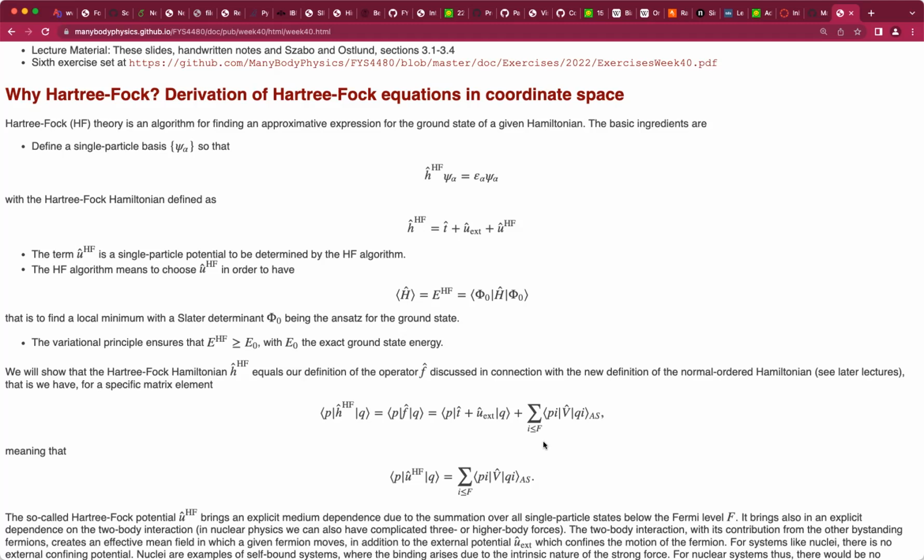And yesterday, we could actually rewrite parts of that interaction in terms of the direct term, and then we had this exchange term, or what we normally call the Hartree term and the Fock term. And the Hartree term is a term which we can rewrite in terms of the density, which is given by the expectation value of the single particle states below the Fermi level, the sum of these.